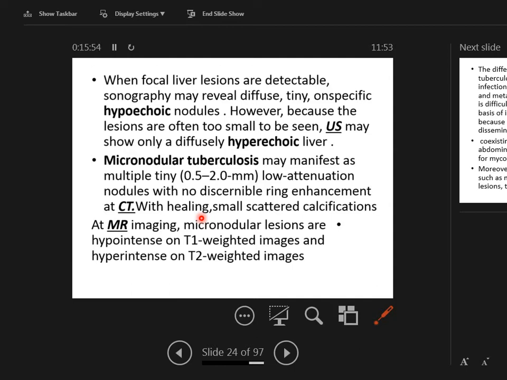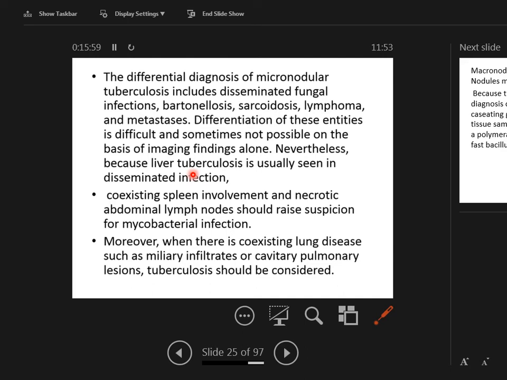This is in CT. In MRI, macronodules are hypo in T1 and hyper in T2. Sometimes it's so small that it is not always visible. It's very difficult to differentiate it from sarcoid, lymphoma, fungal infection, but coexistent findings, as Dr. Ahmed says, in the spleen or in the lung, or calcified lymph nodes can help us in the diagnosis.